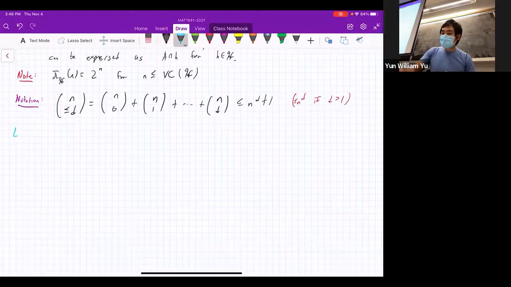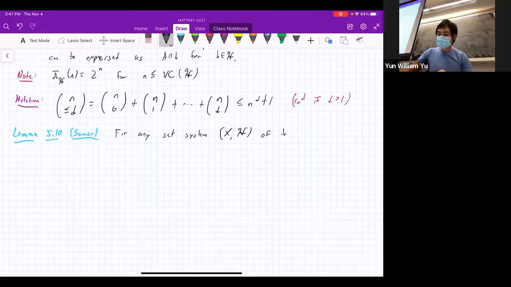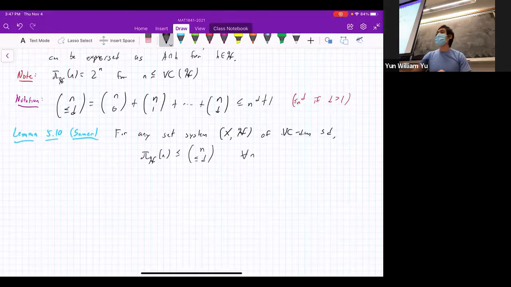So this allows us to prove a very important lemma, which we're going to be using in tomorrow's lecture. This is lemma 5.10 in your textbook, Sauer's lemma. For any set system H of VC dimension less than or equal to d, then pi H of n is less than or equal to n choose less than or equal to d for all n.